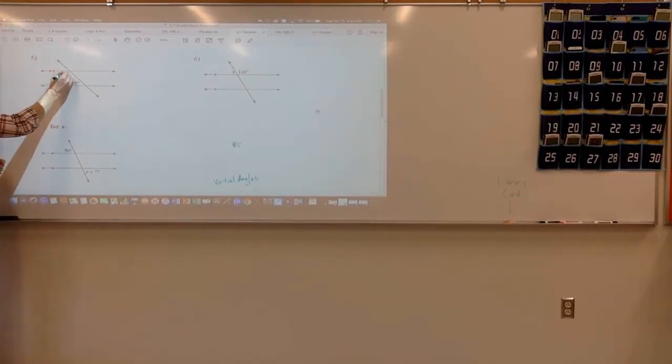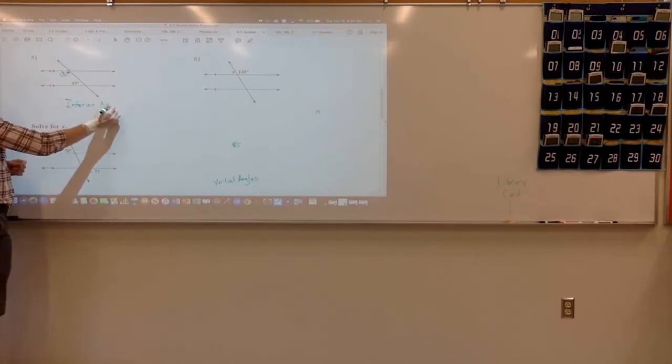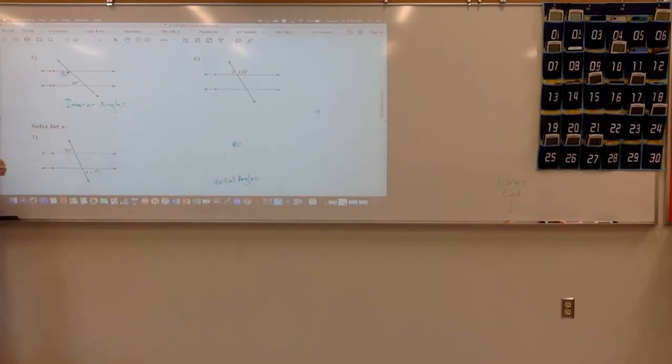Yes, this would be 131 degrees. So what's the name of the relationship between those? Interior is part of it. It's going to be consecutive interior.